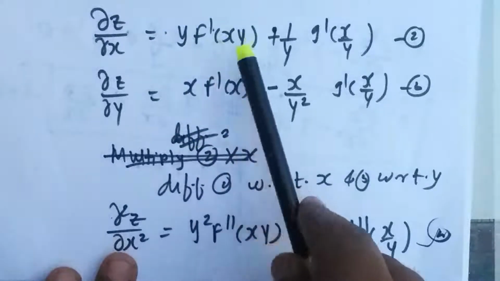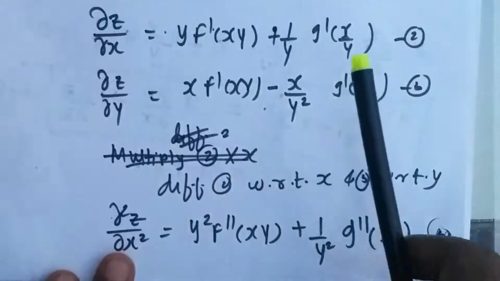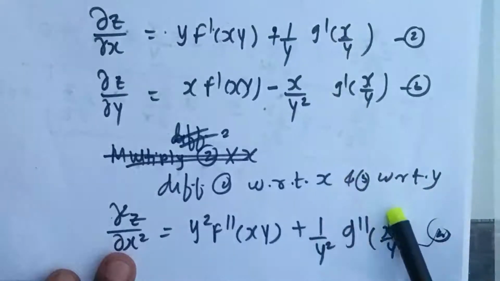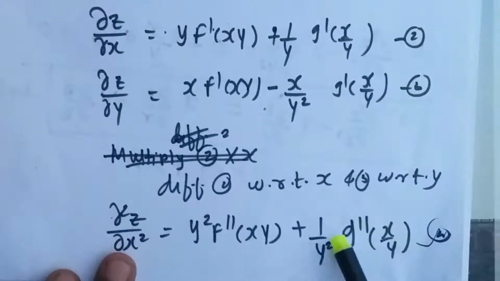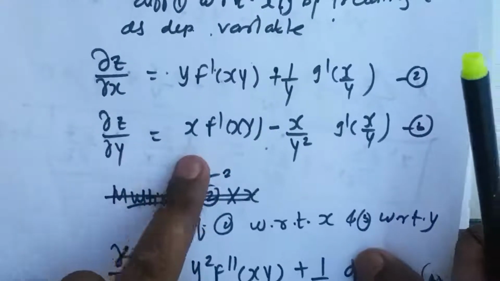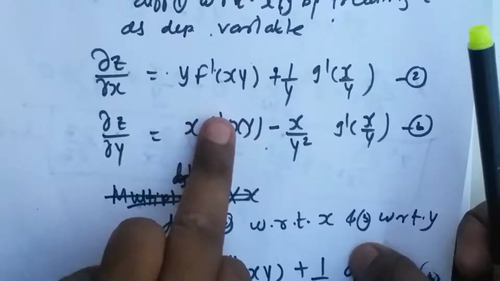The derivative of f dash of xy will be f double dash of xy into one more y, so it will become y square. Plus here also 1 by y as it is, g double dash of x by y, and the derivative of x by y with respect to x will be 1 by y. So 1 by y into 1 by y, 1 by y square. Now the derivative of the second with respect to y will again bring one more x, f double dash of xy.